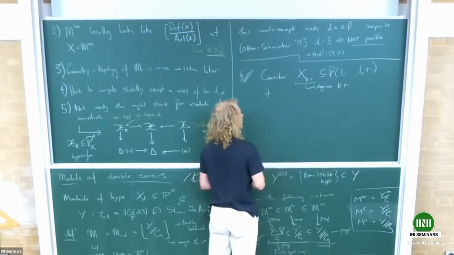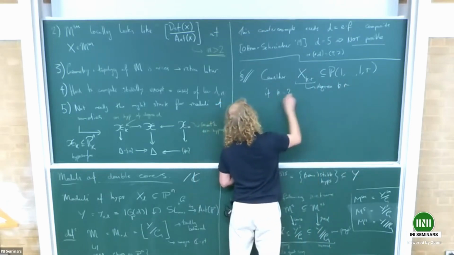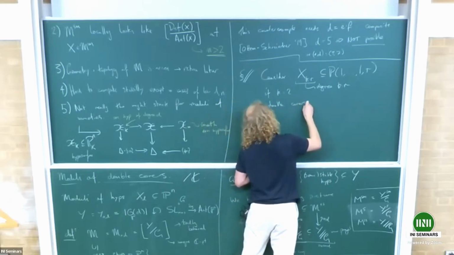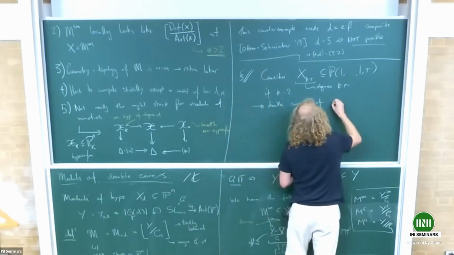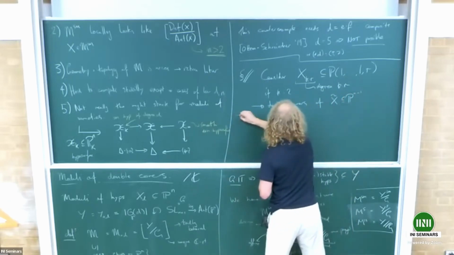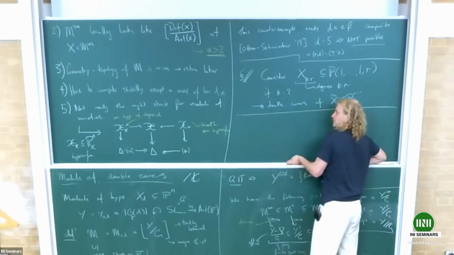And if K is equal to 2, then we end up with double covers of X inside P^{n-1}, which was promised to you in the title.